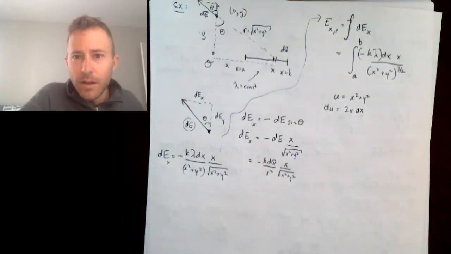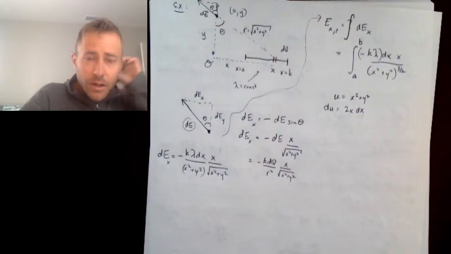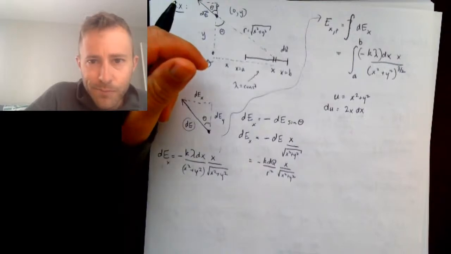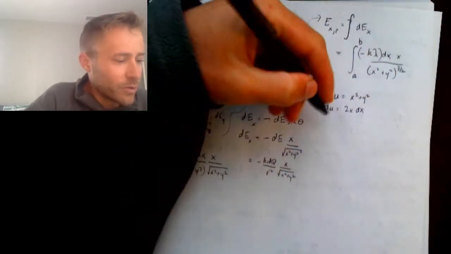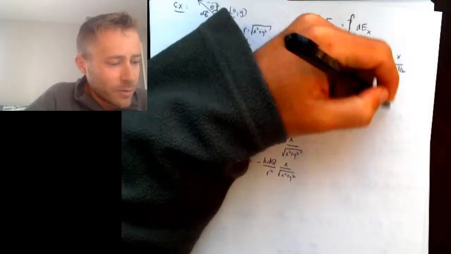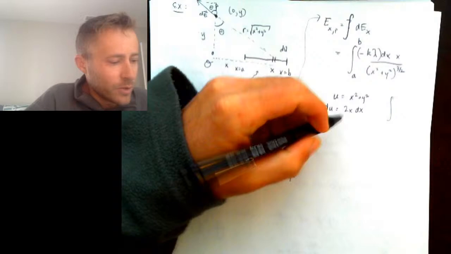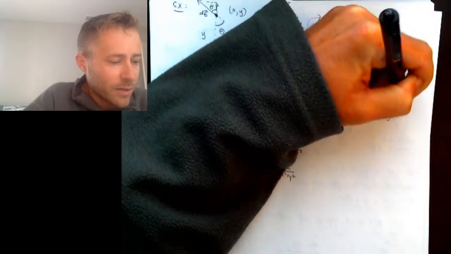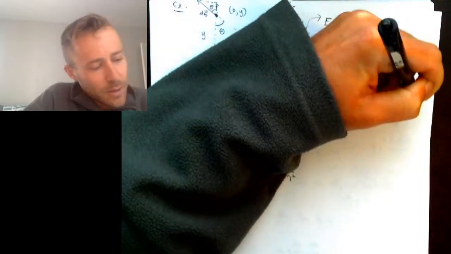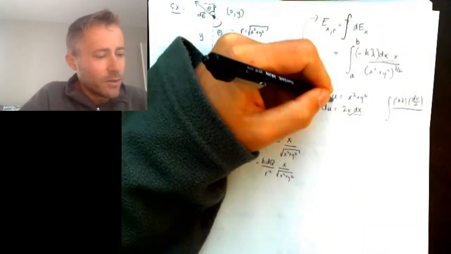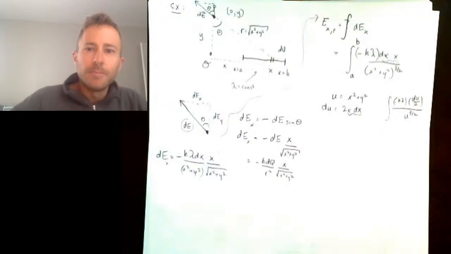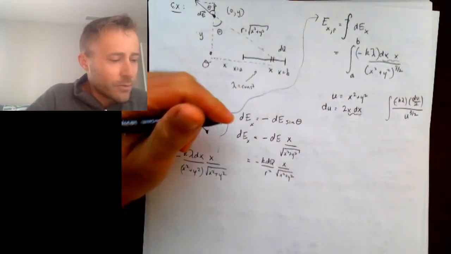So this integral will then transform into the integral of, here I have x dx, here I have x dx, so this is like minus k lambda times du over 2, over u to the 3/2. And that integral is fairly straightforward.